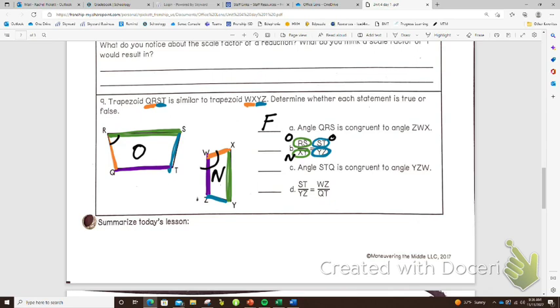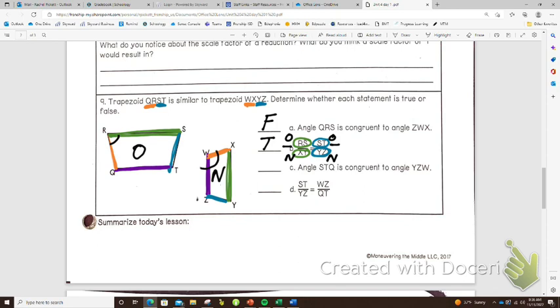ST is on the original. And YZ is on the new. So as long as those are the same, O over N and O over N, and you have congruent corresponding sides, as long as your corresponding sides are color-coded correctly and both of the originals are on top and the new is on the bottom, then that is a true statement.